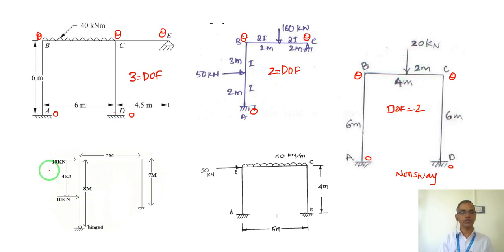Come back to this frame. This is a hinge joint, and this is a hinge joint. Because of lateral load, there is a possibility of sway, that means there is a deflection each of the columns can undergo. Very important, so that amount of displacement is important.